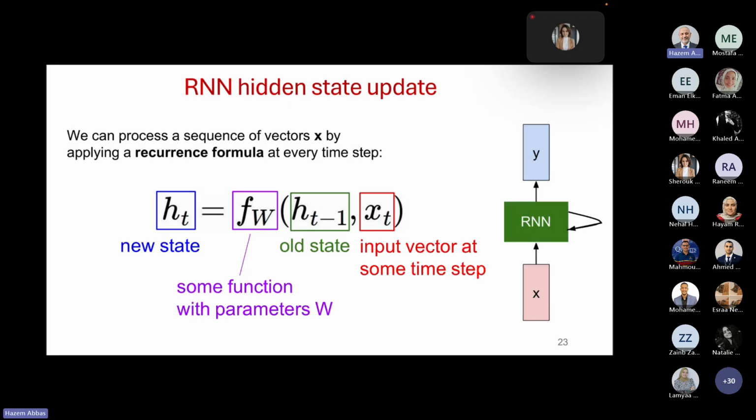So how are we going to update? What are the equations? At the end, we have to have equations. So we say that the h_t at time t is a function which depends on weights w, of the current input x_t, and the previous hidden state h_{t-1}.